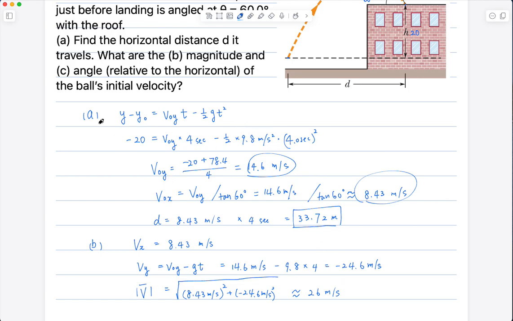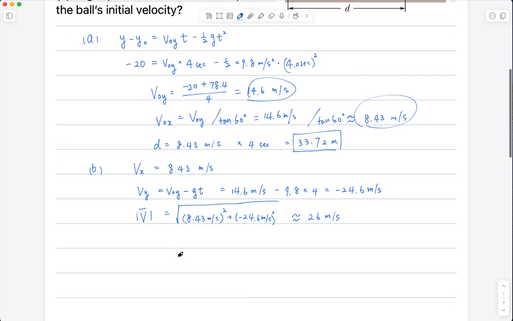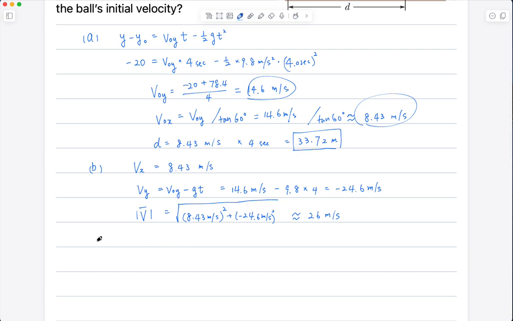Then let's continue. They're asking for the angle, relative to the horizontal, of the ball's initial velocity. The initial velocity for us is at the landing, because we're thinking of this question in time reverse. So we find the angle by the arc tangent of the velocity y component over the velocity x component.